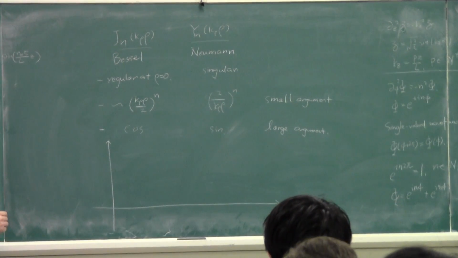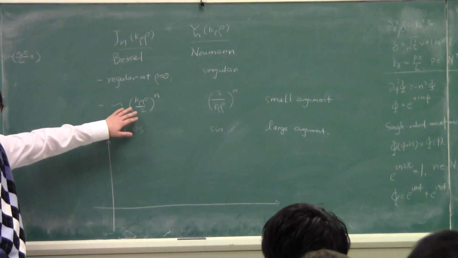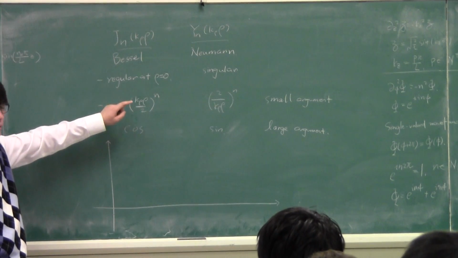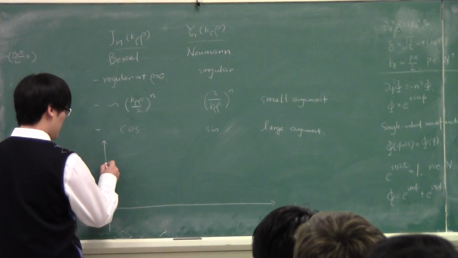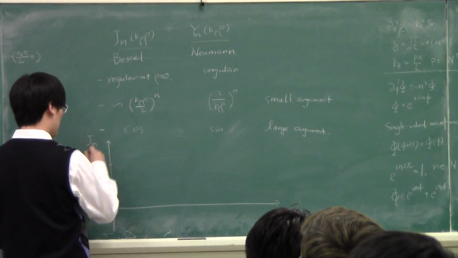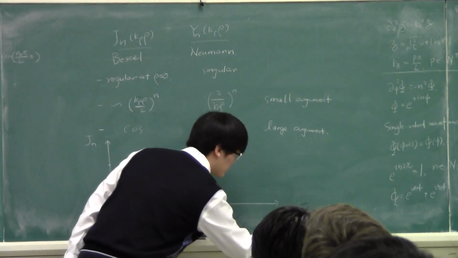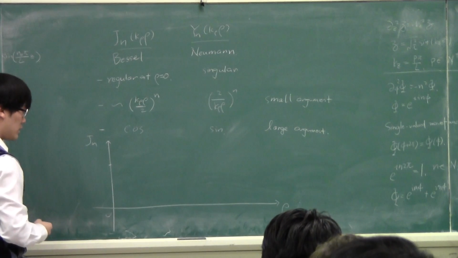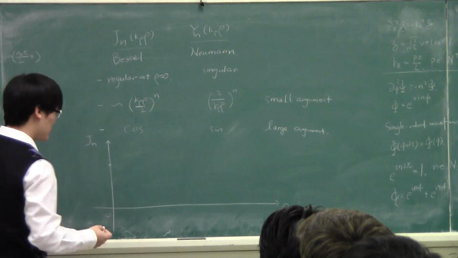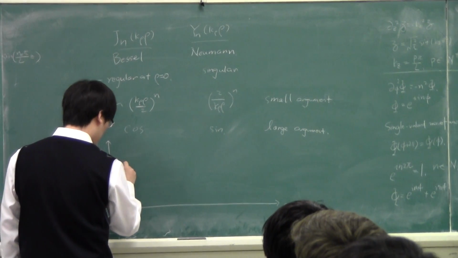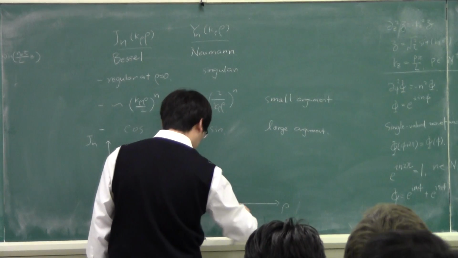Since we know the small argument asymptotic behavior, for the zeroth order, it's going to be 1. So the Bessel function starts from 1. This is the rho direction. Okay. And then far away it is going to be cosinusoidal. So without showing you why, I'm just going to draw it out.